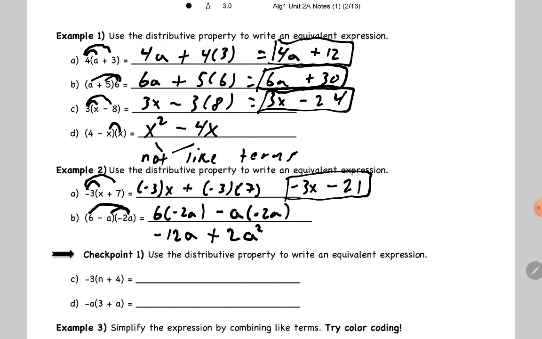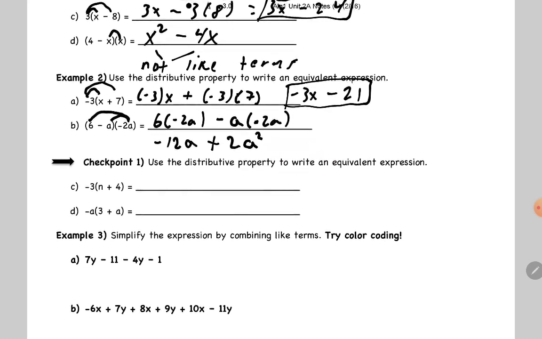Okay. Negative 3 times n, negative 3 times 4. So that would be negative 3n plus a negative 3 times 4, which will be negative 3n minus 12.